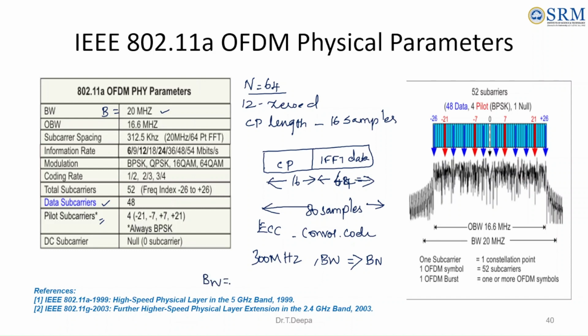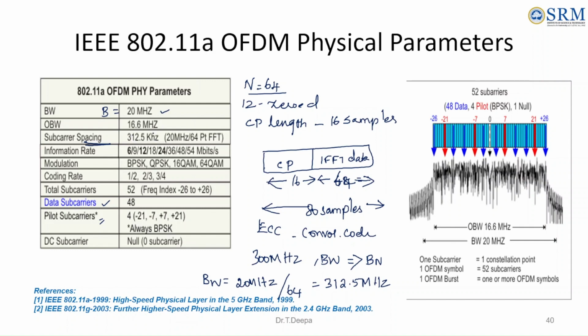The subcarrier bandwidth is the channel bandwidth 20 megahertz divided by the number of subcarriers, 64. So we get a subcarrier spacing, or subcarrier bandwidth, of 312.5 kilohertz.